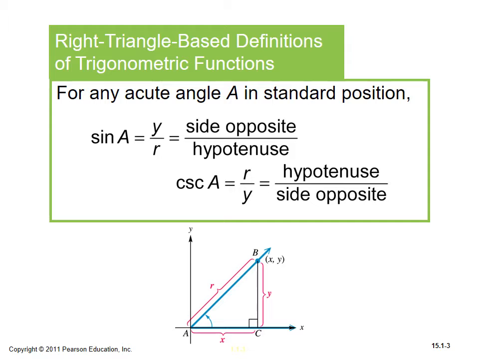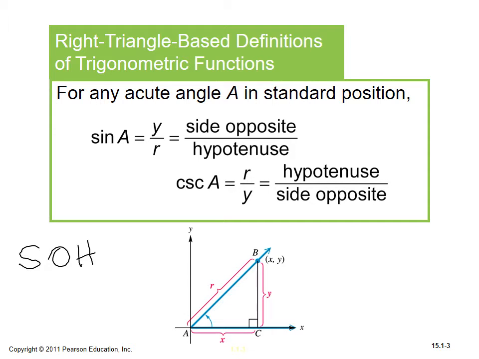So the thing I try to get students to understand, we teach them a little code word in geometry called SOHCAHTOA. And so sine is the opposite over the hypotenuse.